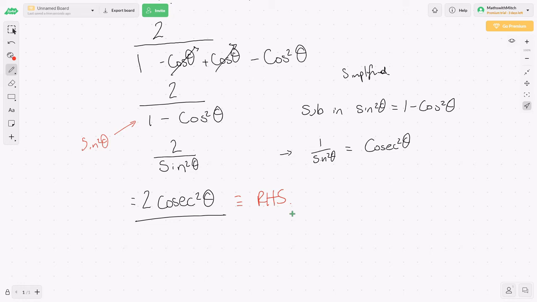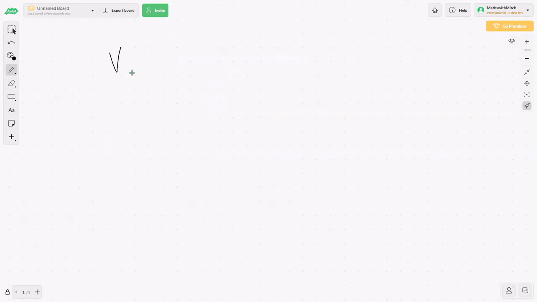So what you're looking for is to try and evaluate the terms in the left-hand side or the right-hand side, whichever is going to be the right one for you to use. Evaluate it and simplify those terms and try and get them into a form that you can sub in one of the identities that you've got available to you to then be able to show that it equals the other side of the equation. So let's look at another one now.